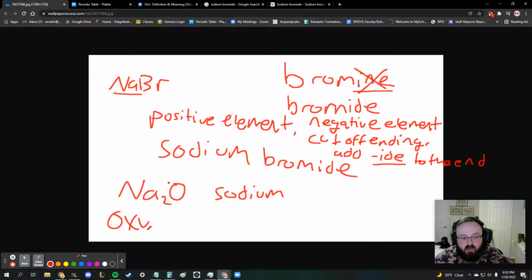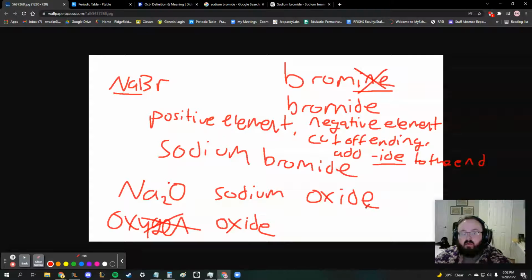This one's a little bit, we cut off a lot here. We cut off the ending, oxygen. We just take the ox, and we add IDE. So we get sodium oxide. Okay? It doesn't matter how many there are. We still call it sodium oxide.